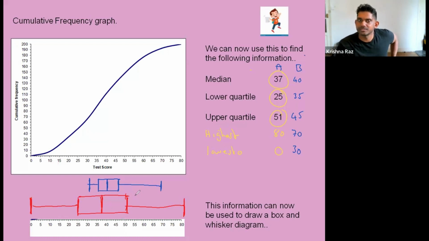Now we can compare these. So if this is class B and this is class A, we could ask the simple question, who did better? And it's not a straightforward answer, is it?